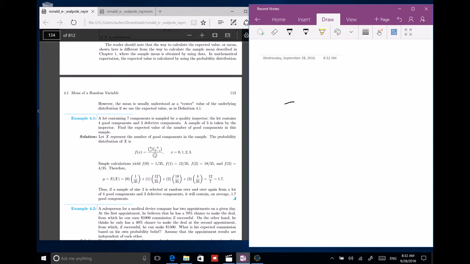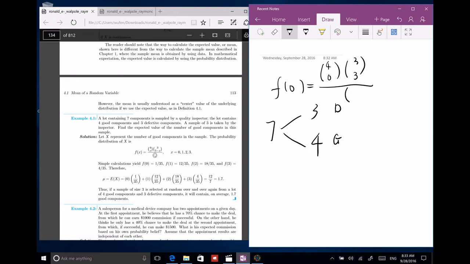The probability function f(0) means there are 0 good components. So we choose 0 from 4 good, and choose all 3 from the 3 defective, out of 7 components, 3 defective and 4 good. 0 good means all 3 are defective.